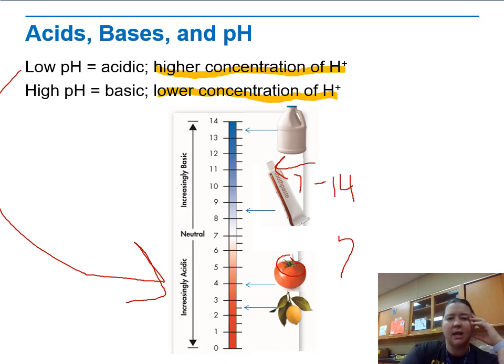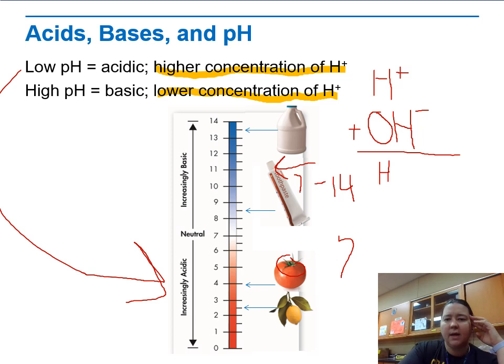Now, the other side of the H plus ions are OH negative ions. And if you put H plus and OH minus together, what do you get? You get water.